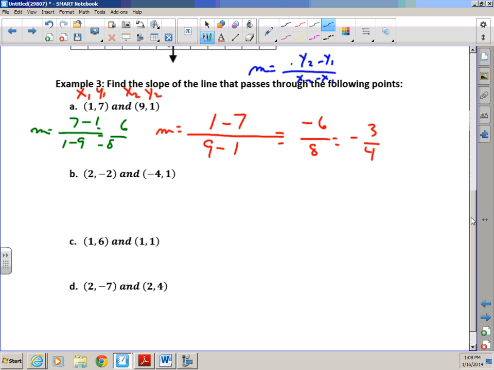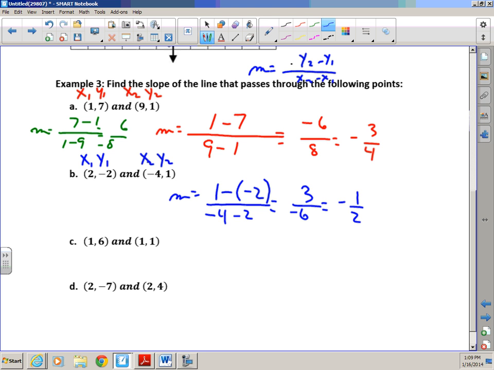Okay? I'm going to do the next one. Again, x1, y1, x2, y2. 1 minus negative 2. Please be careful of the signs. It's a minus sign, subtraction, a negative 2. Negative 4 minus 2. That's 3 over negative 6, or negative 1/2. Okay?